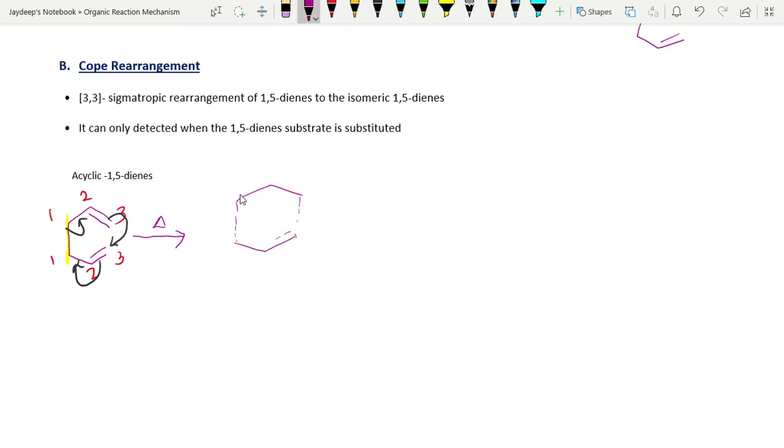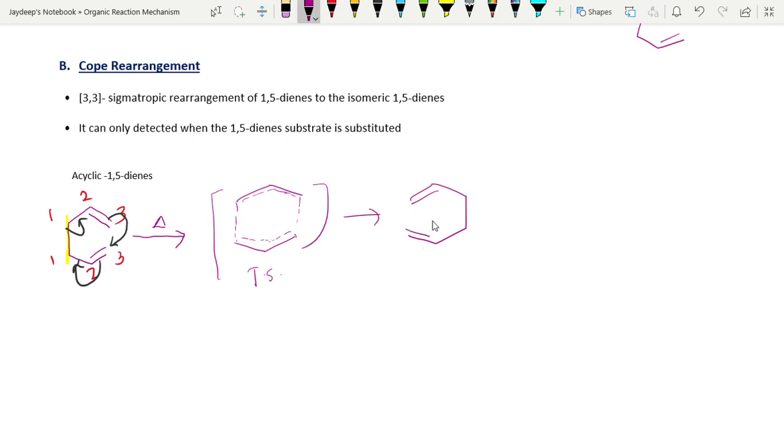So this double bond is going to be broken, this double bond is going to be broken. Okay, this is the transition state. The product is, so you can see that this particular compound is isomerized into its corresponding 1,5-diene.